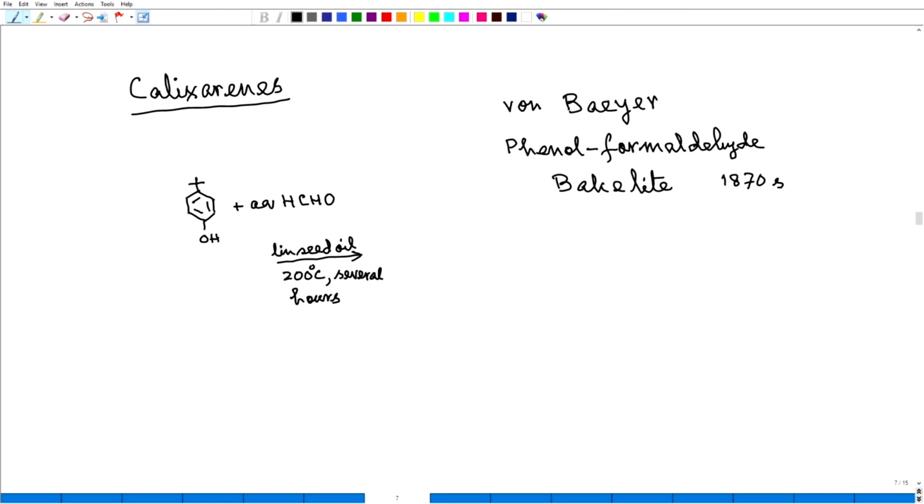Then under basic condition you get a mixture of macrocycles, and these are called calixarenes.